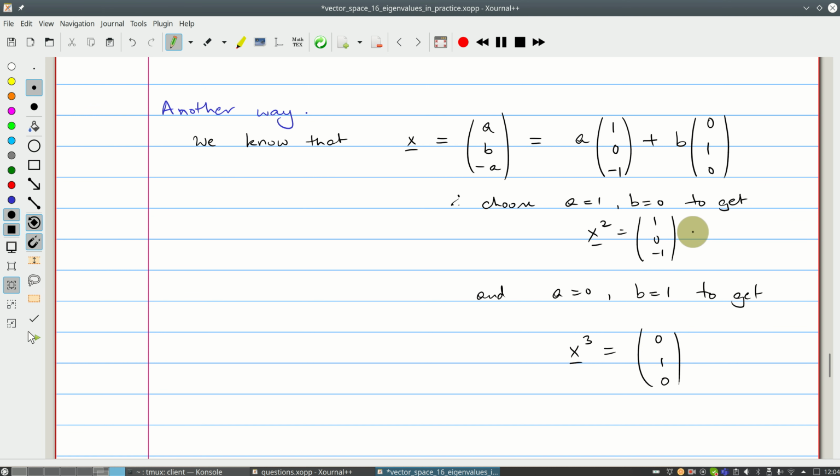Of course you need to normalize this one, so you will get the 1 over square root of 2 when you normalize it. And this one is already normalized.